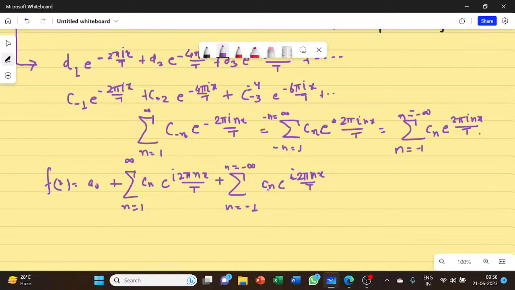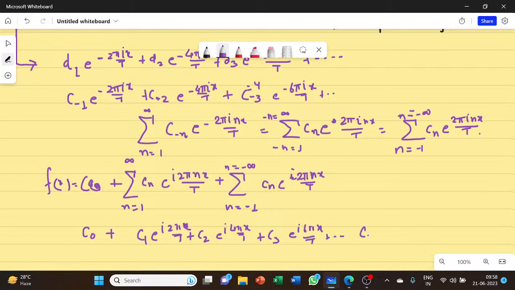Now see what is happening. You write a naught as c naught so that I can compactify it in one form. So this will be c1 e to the power iota 2 pi x upon t, with 1 in place of n. Then c2 e to the power iota 4 pi x upon t plus c3 e to the power iota 6 pi x upon t, so on and so forth.